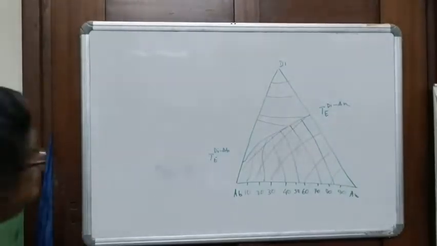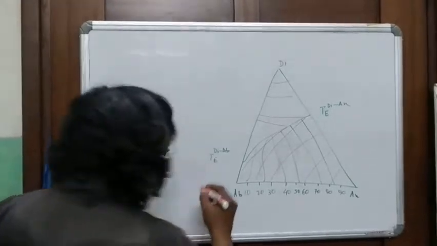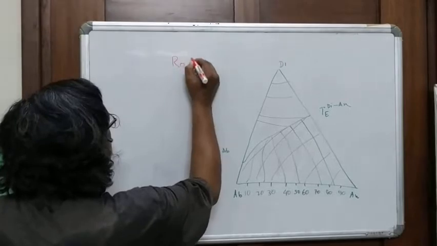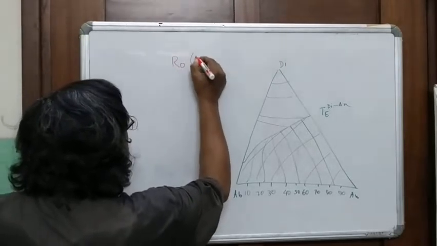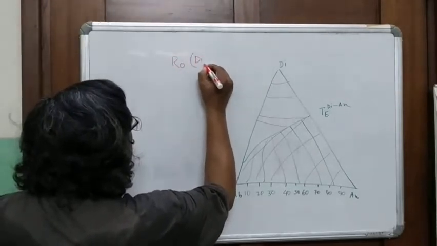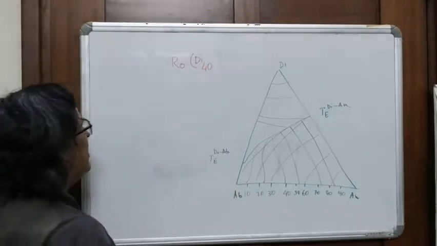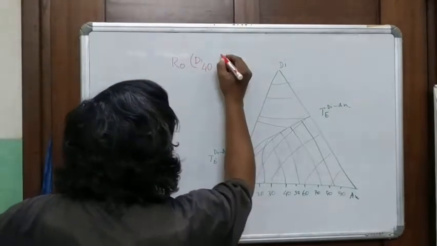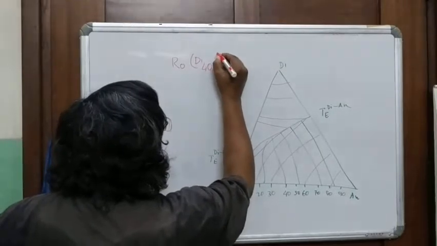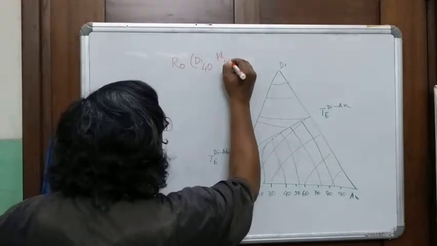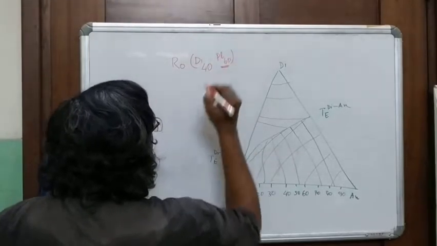Now let's say I take a rock, R0, and it contains diopside 40 and plagioclase 60, but you know this is not correct.